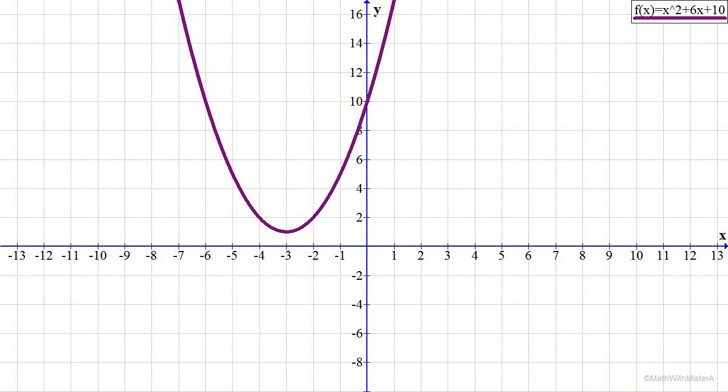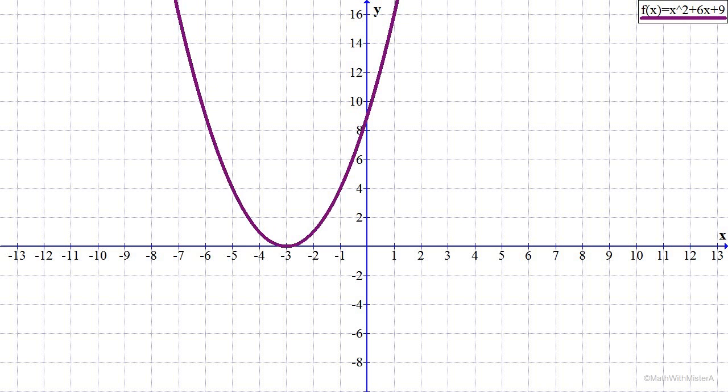So to wrap up, we have seen some graphs where the vertex was above the x-axis, no x-intercepts, and we know that means that we have complex zeros. We saw a graph where our vertex was touching the x-axis. That's where we had the single solution, or the double 0 solution.